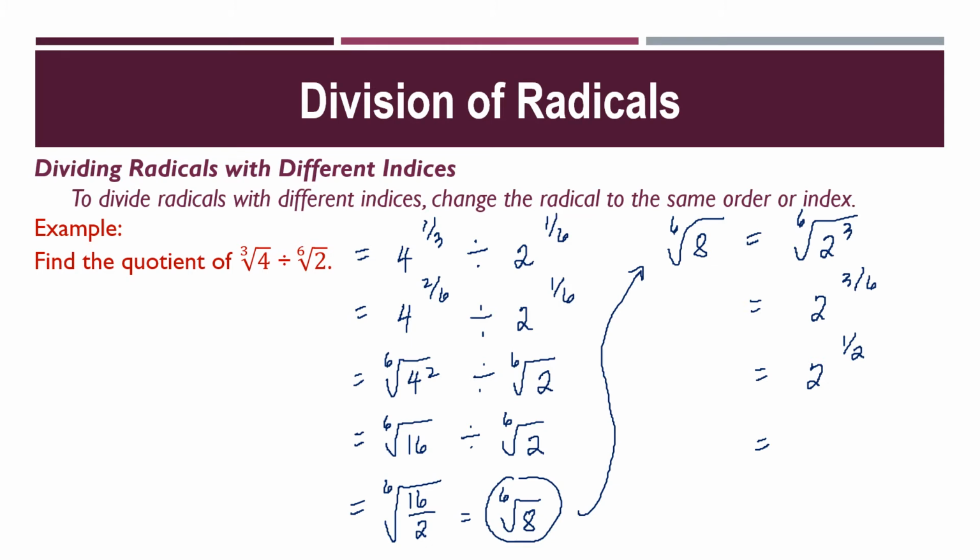After that, we write 2 raised to 1/2 in radical form. And 2 raised to 1/2 in radical form is square root of 2. This is now our final answer.